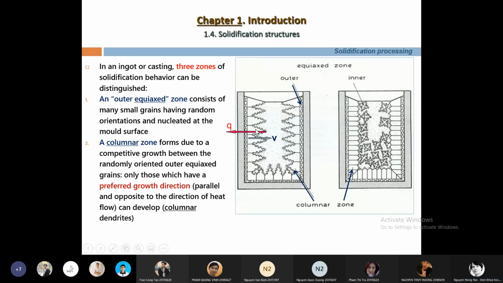And from this we get the columnar zone, columnar dendrites, columnar grains. It is because of competitive growth.